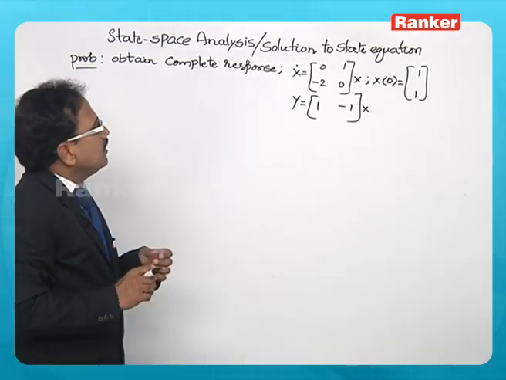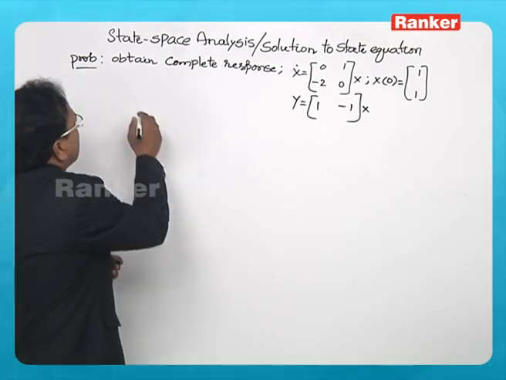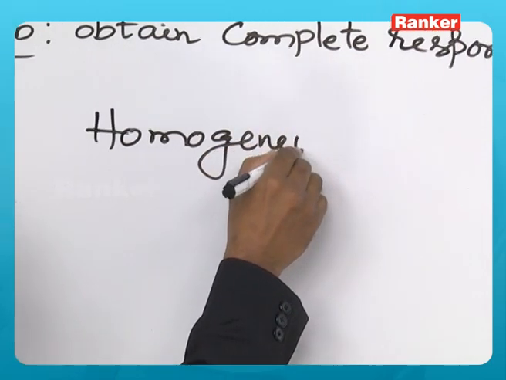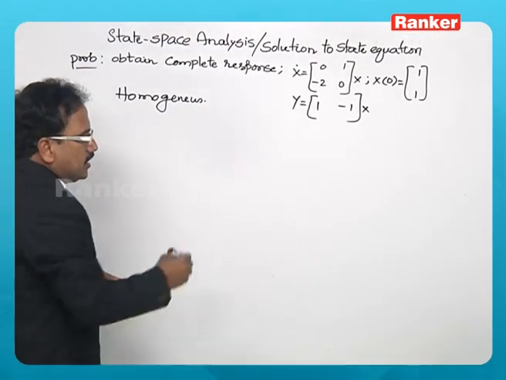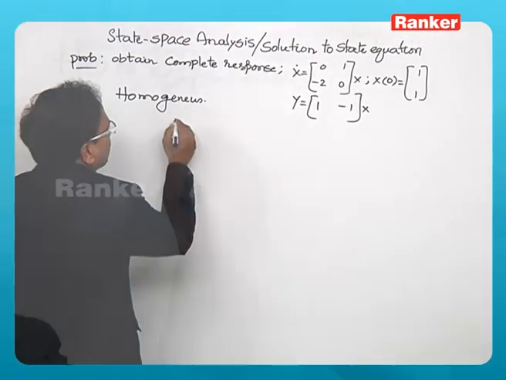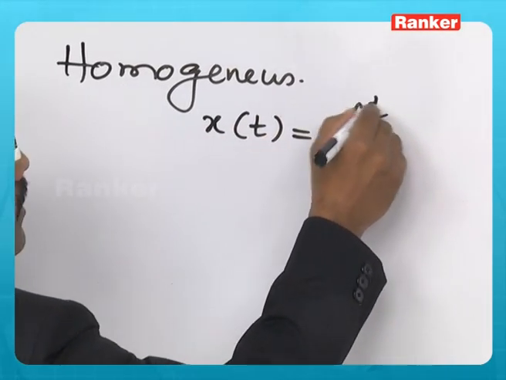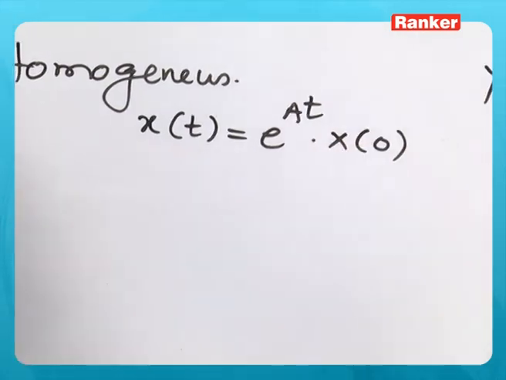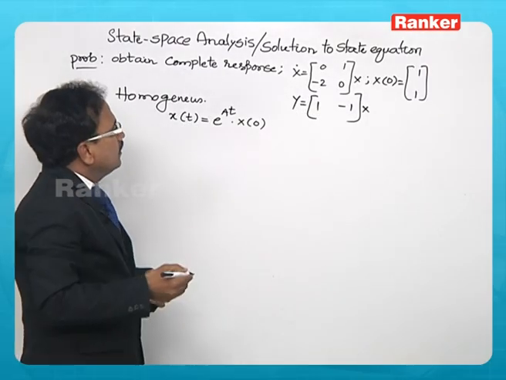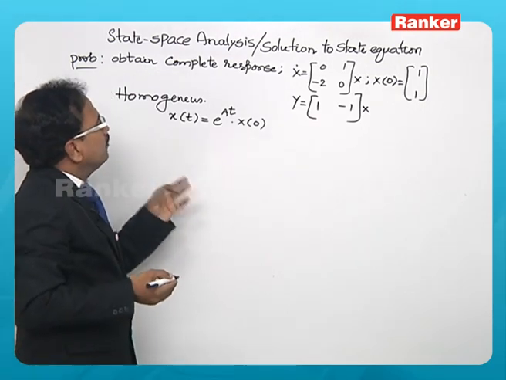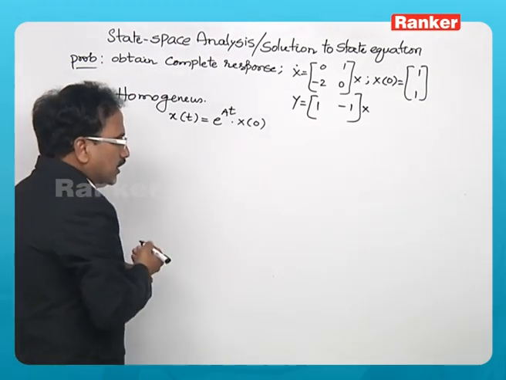So we can consider the given system as homogeneous, and then the solution x of t is equal to e power A t into x of 0 alone. This is nothing but the zero initial response, and that is only available if the system is homogeneous.